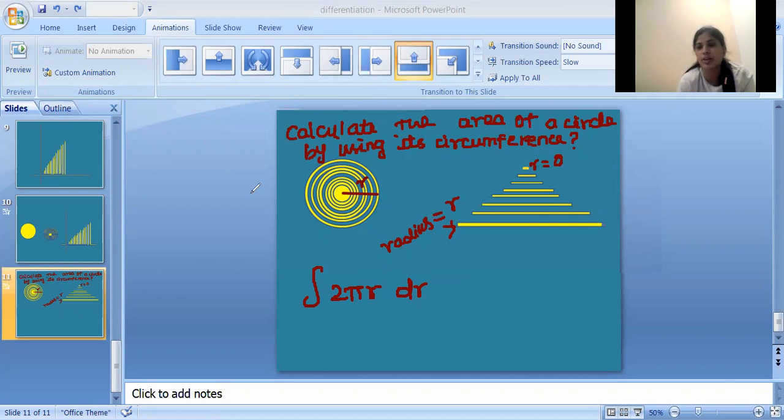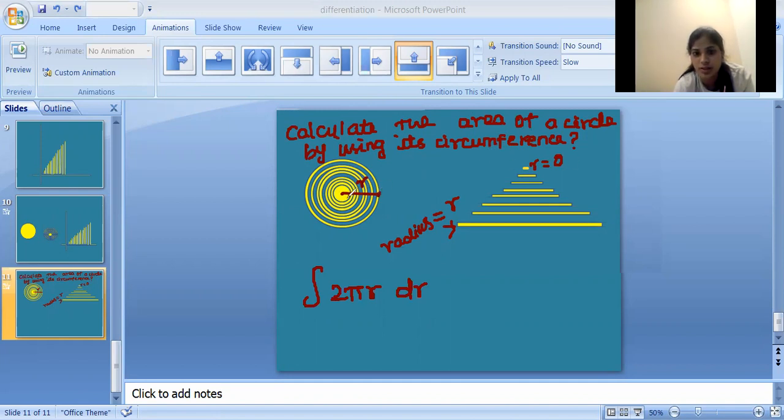And when you integrate a particular function, you need upper limit and lower limit for finding its actual value. So here, the lower limit is the innermost circle, the smallest circle. So over here, let me draw a radius. This radius is very, very small. I can assume the radius of the innermost circle as 0.